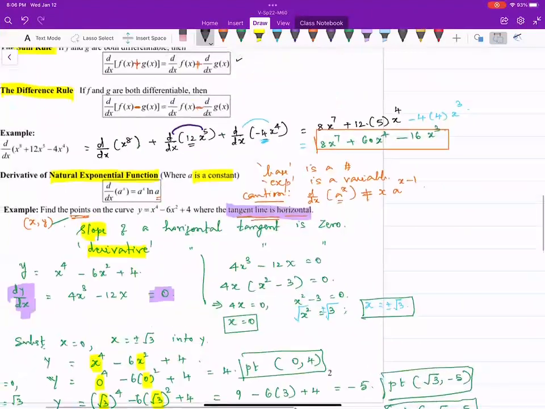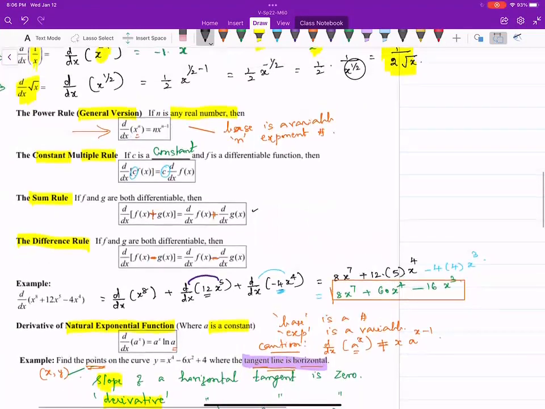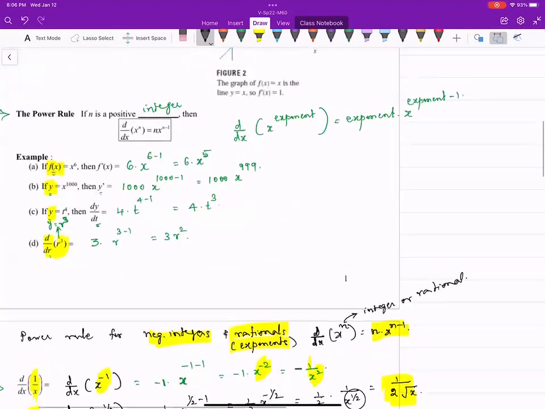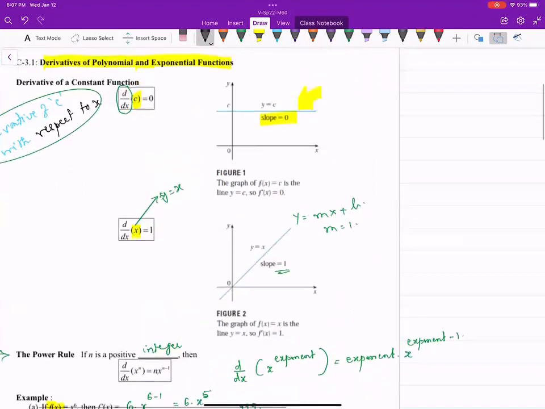That can be included here where it says log derivative.